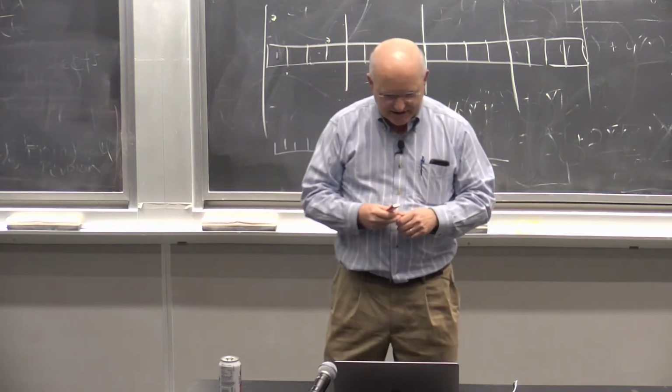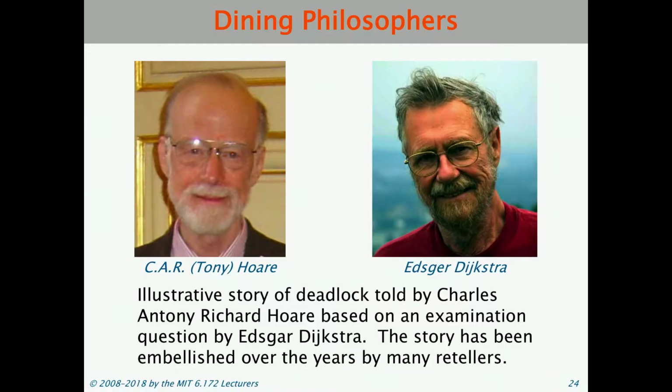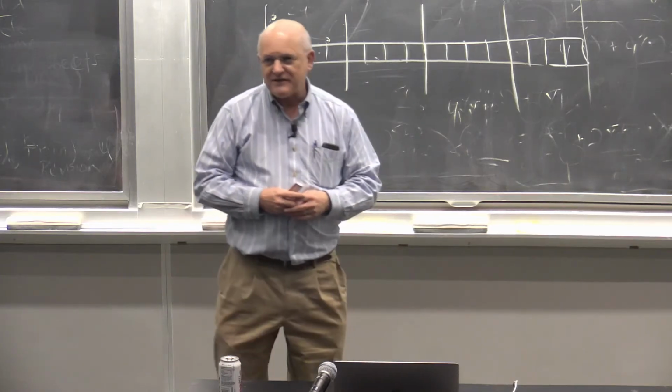Dining Philosophers is a story of deadlock told by Tony Hoare, based on an examination question by Edsger Dijkstra, okay? And it's been embellished over the years by many, many retellers. And I like the Chinese version of this.